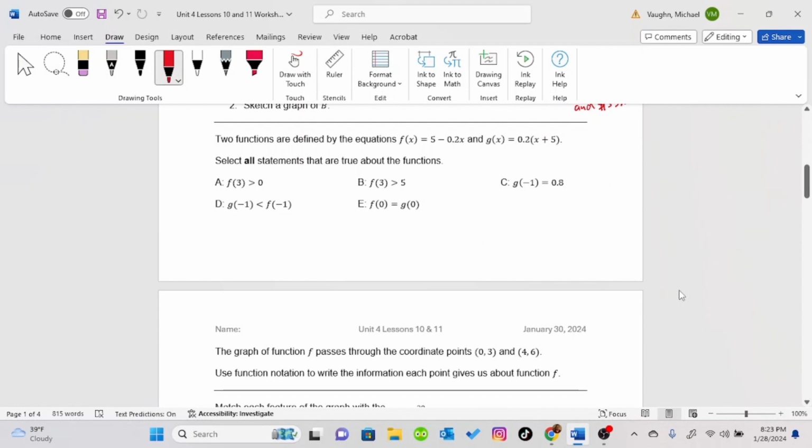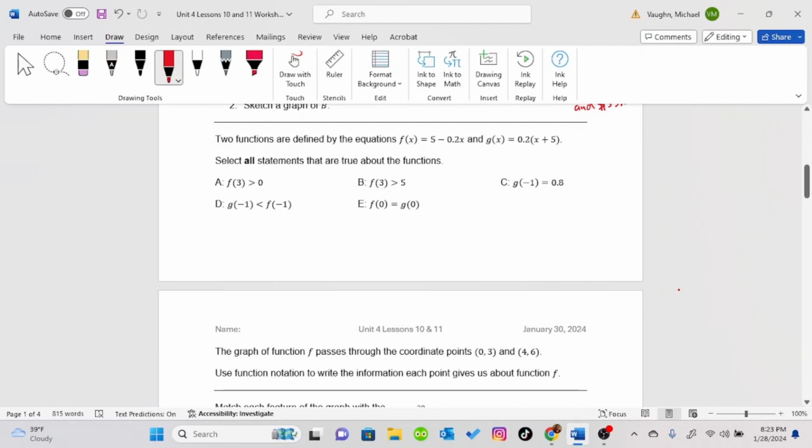Two functions are defined by the equations f of x equals 5 minus 0.2x and g of x equals 0.2 times x plus 5. Select all statements that are true about the functions. A says f of 3 is greater than 0.